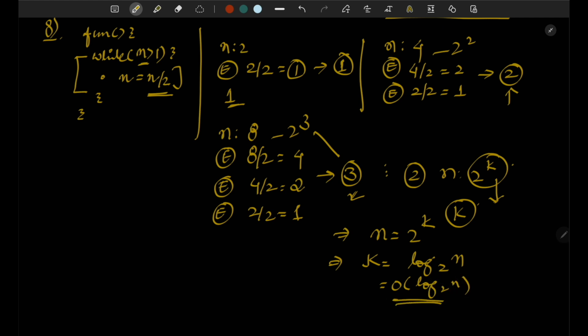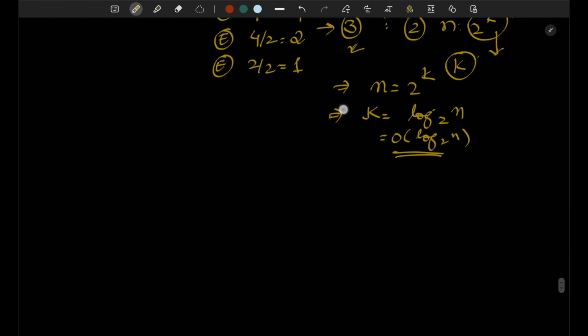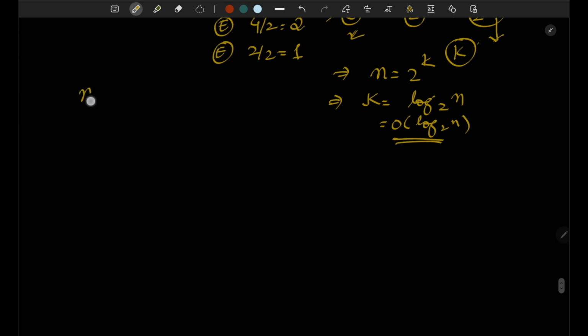So you may ask, what if n is not a power of 2? What happens in that case? Let's generalize that with another example, and let's assume that we have n as 20. We enter the execution. We divide by 2, it becomes 10. Then we again enter the execution, we divide this by 2, it becomes 5.